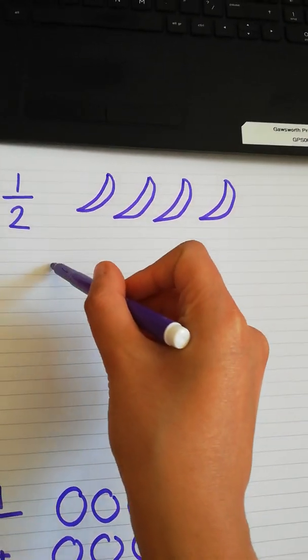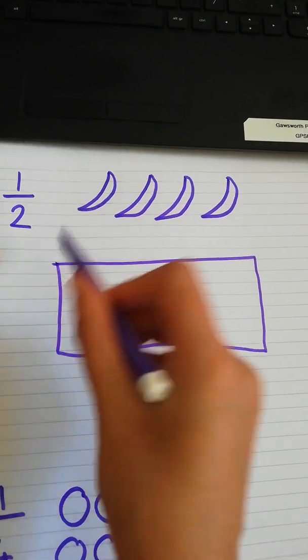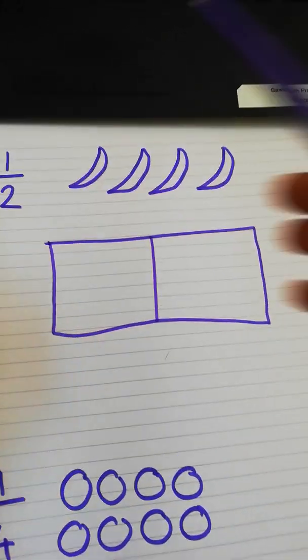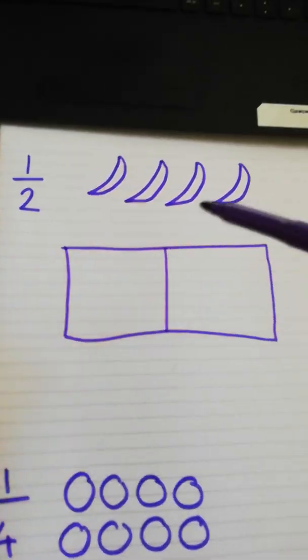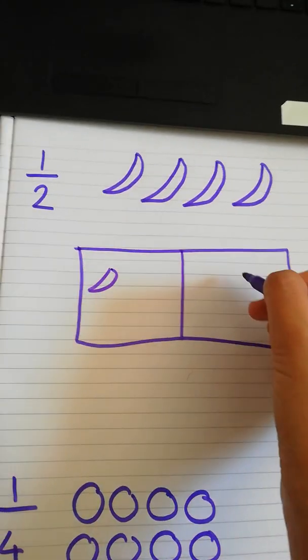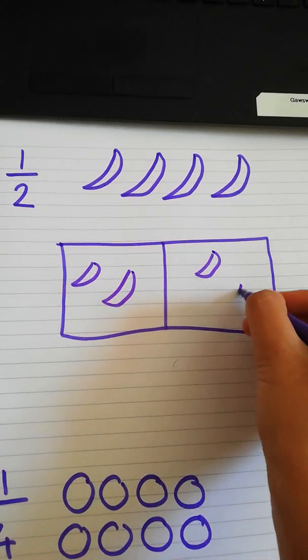So, I draw my parts like this. So there's 2 parts, 2 equal parts. And I have to share my bananas out equally into these 2 parts. So I've got 1 banana, 2, 3, 4.